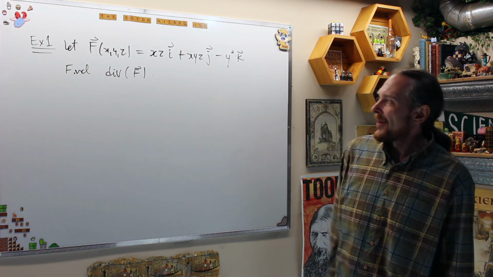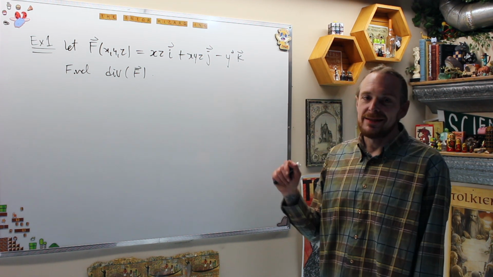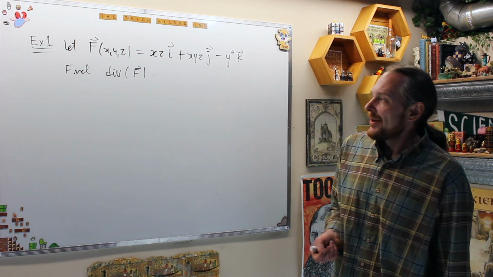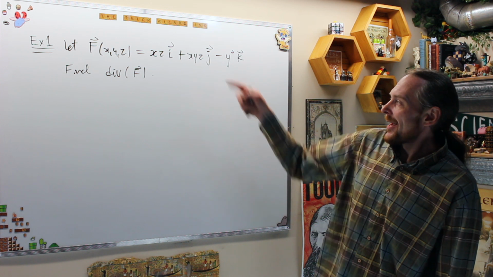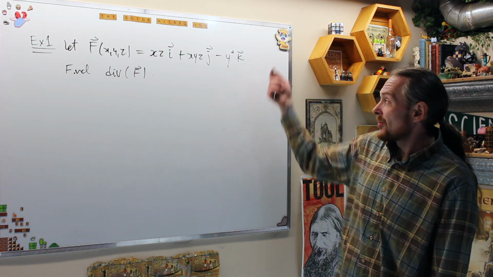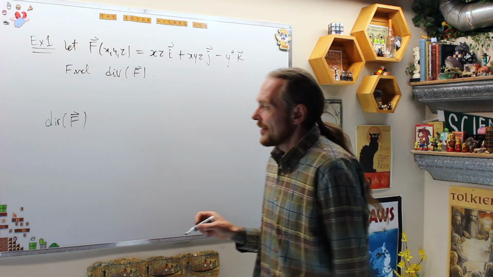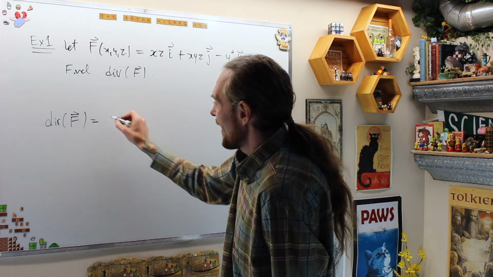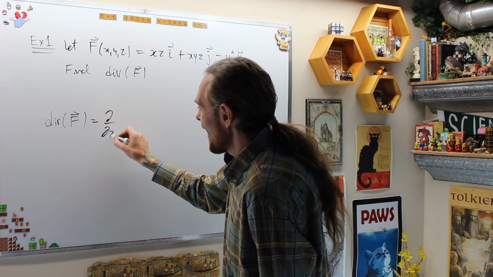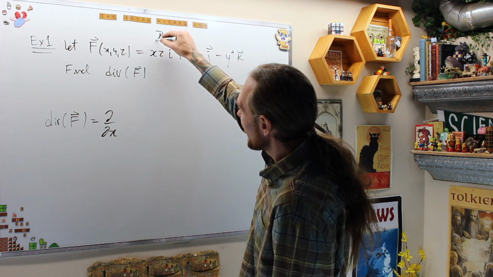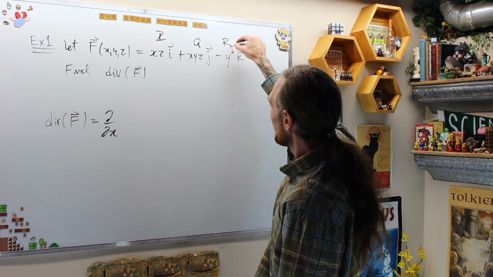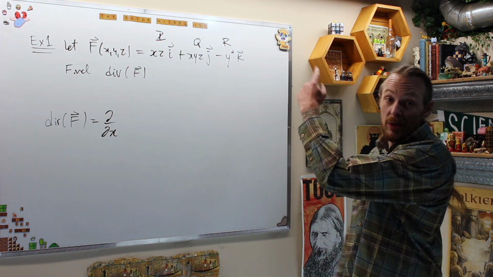All right, I have a vector field. It's the same one we used in the curl example in the previous video: xz i, xyz j, minus y squared k. We want to find the divergence of this vector field. Divergence of F is defined as the partial with respect to x of P. Remember, if you can't see it, I write it out for myself first. In this notation, this is PQR.